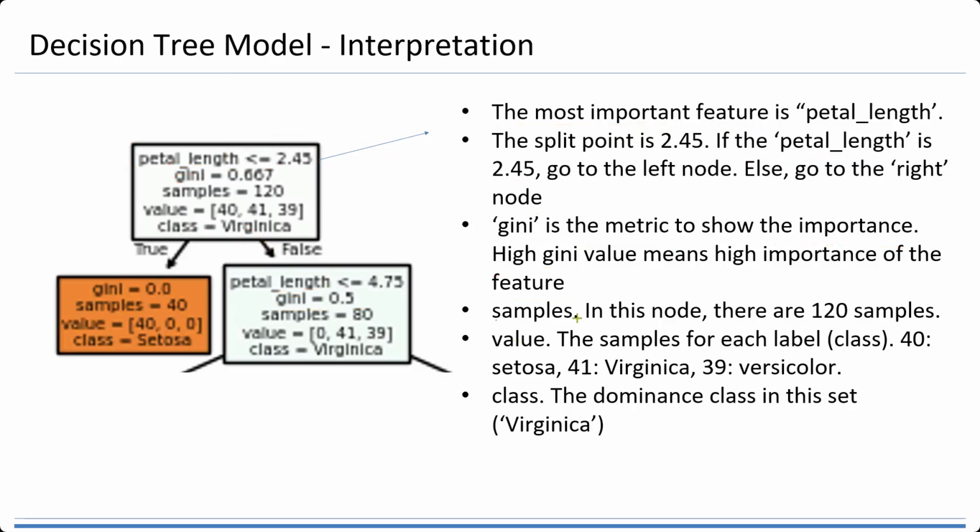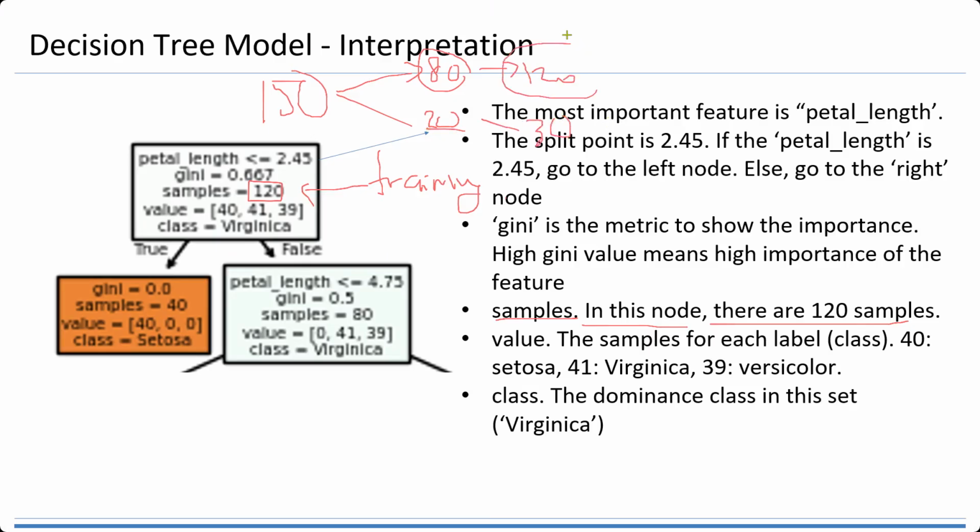Samples. How many data are in this node? In this case, this is the training data. Before, we have 150 data, and among the 150, we split into 80-20. So 80% of the data, which is 120, and 20% of the data, which is 30. So 120 is the training data.